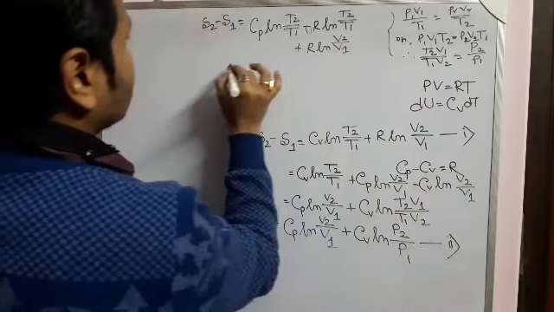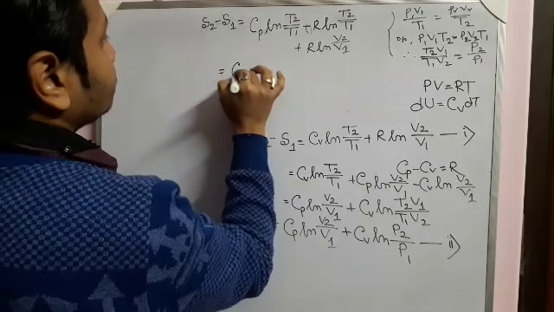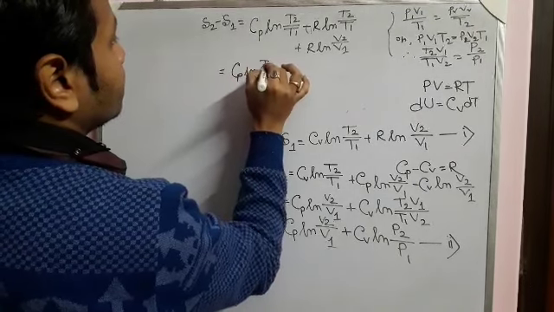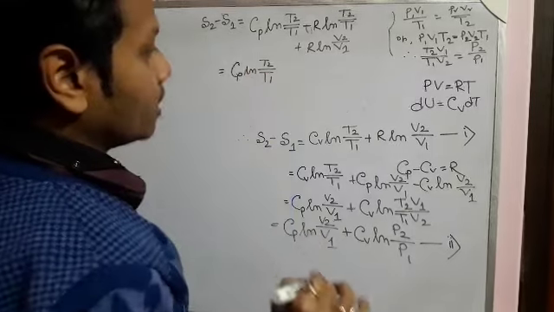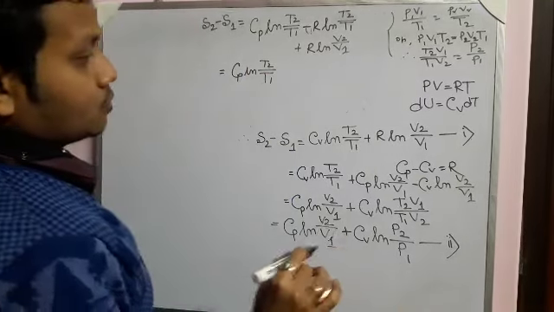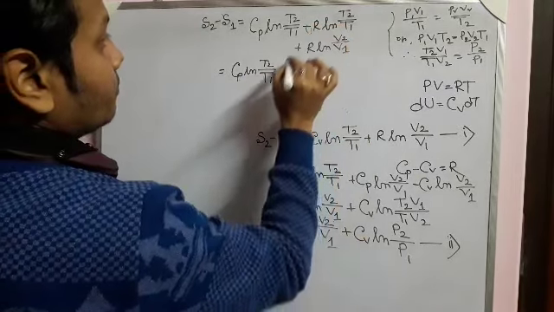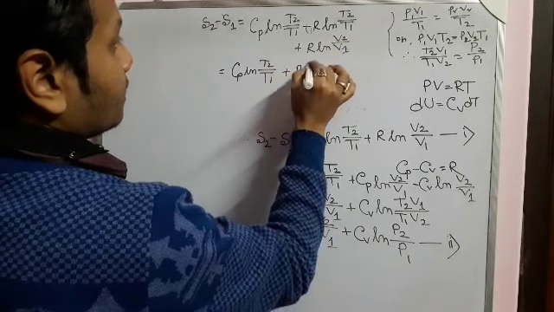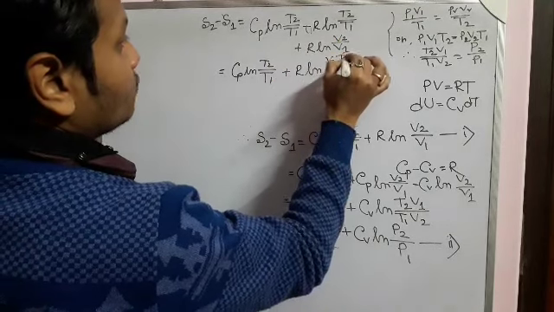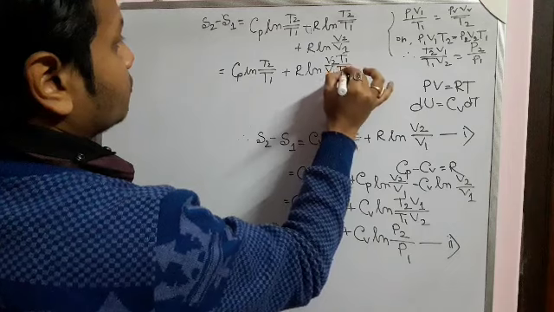Okay, so what we get? Cp ln T2 upon T1. Sorry, there will be a minus. So R ln V2 T1 by V1 T2.